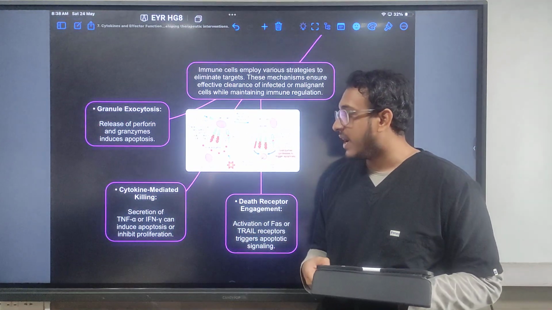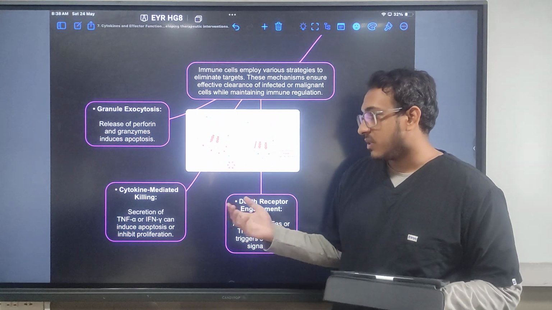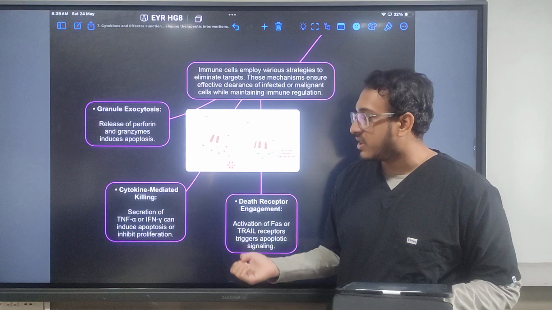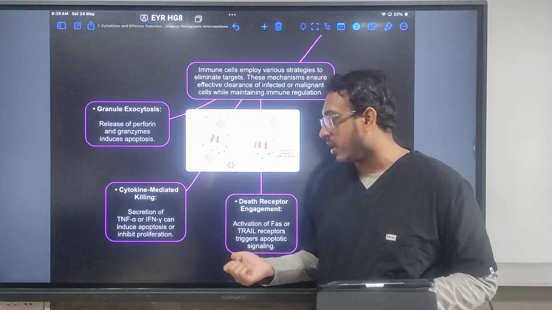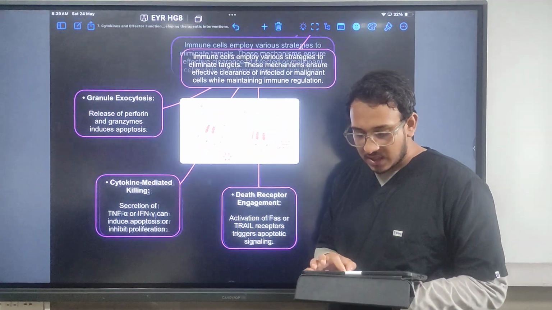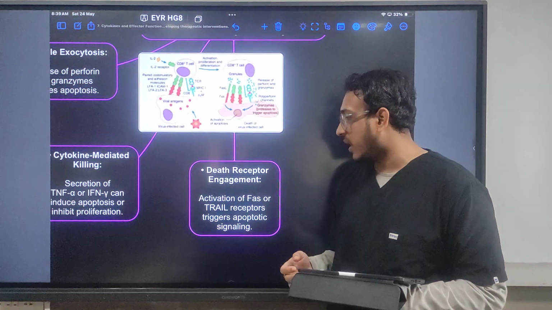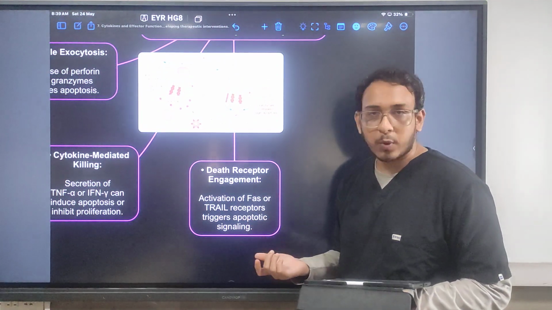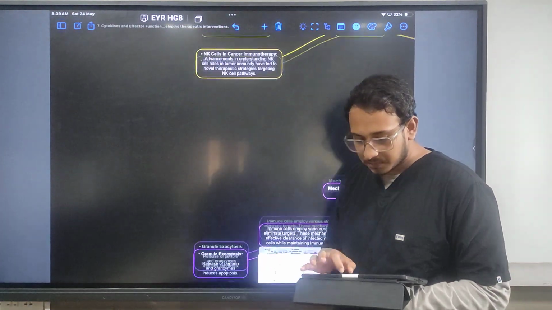There is cytokine mediated killing, that is secretion of TNF alpha or IFN gamma, which can induce apoptosis or inhibit proliferation. Then there is death receptor engagement. Activation of Fas or TRAIL receptors triggers apoptotic signaling.